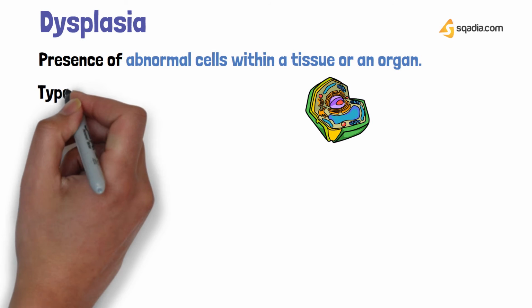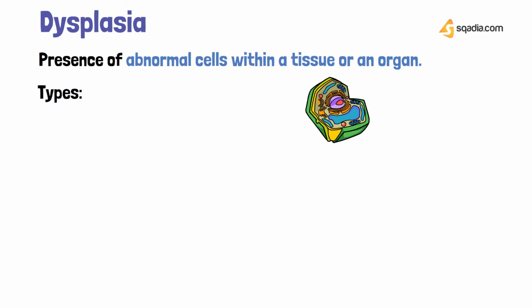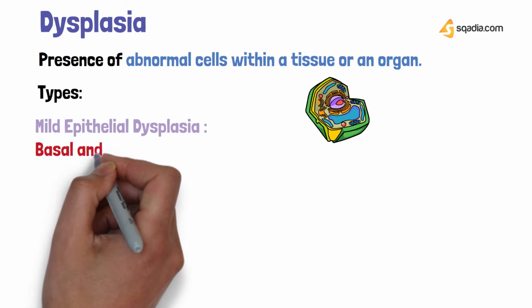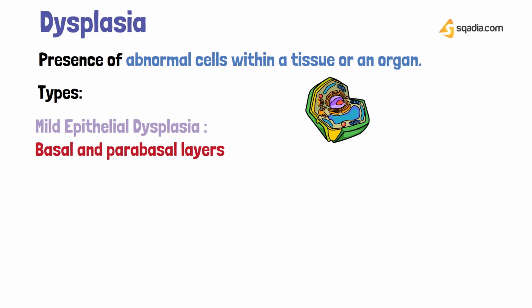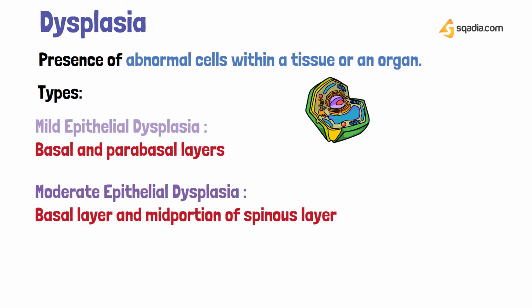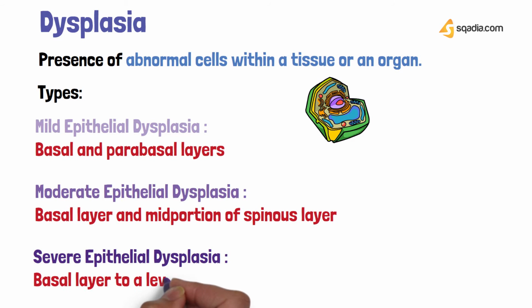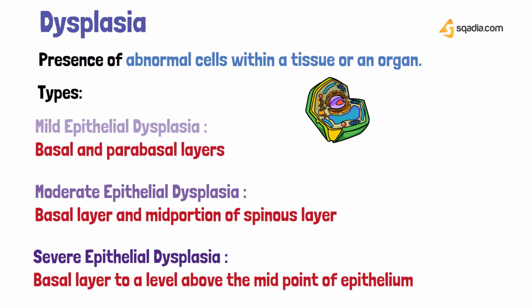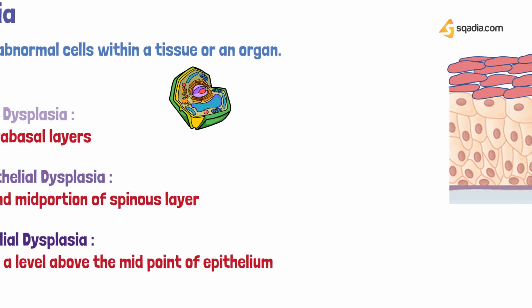So there are three types of dysplasia: mild, moderate, and severe. In the mild epithelial dysplasia, the alteration is limited to basal and parabasal layers, whereas in the moderate, it is limited to the mid portion of the spinous layer, whereas in the severe, it is going to go above the midpoint of the spinous layer of the epithelium.